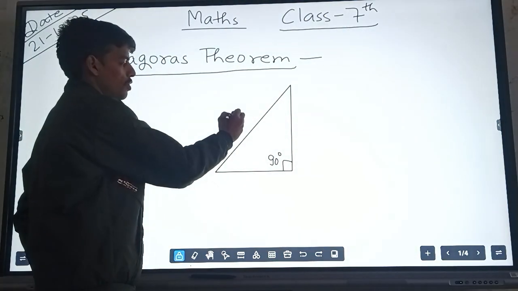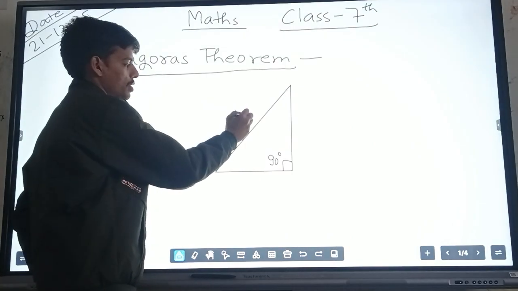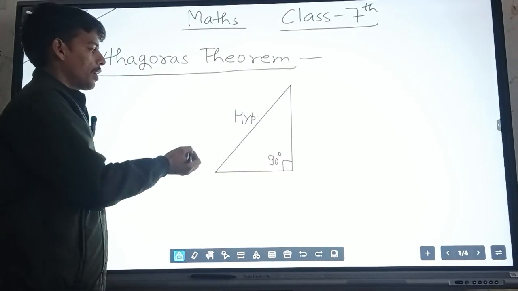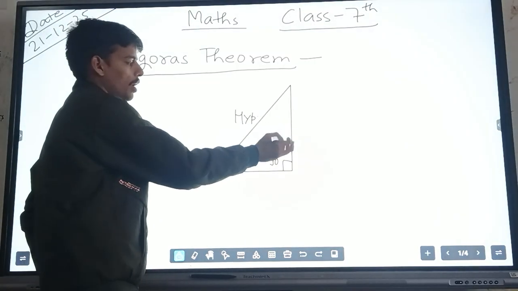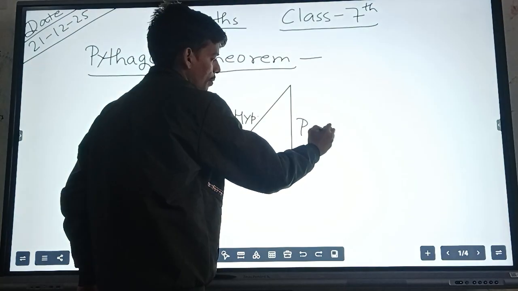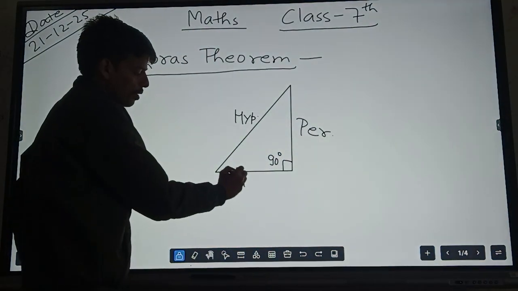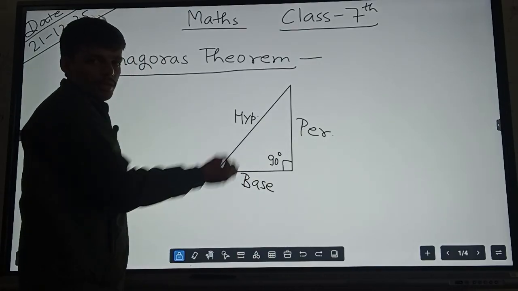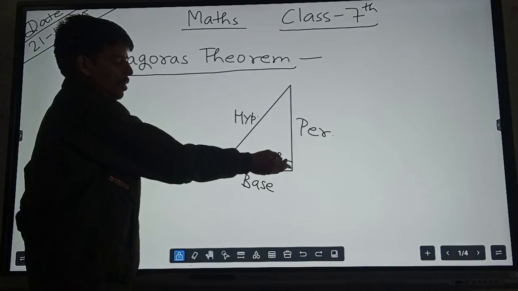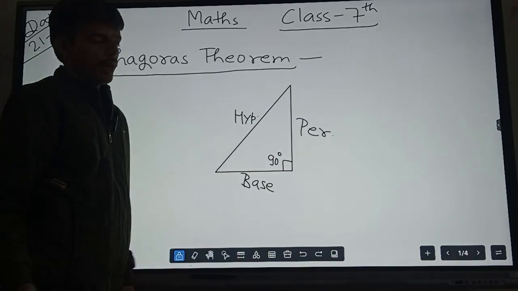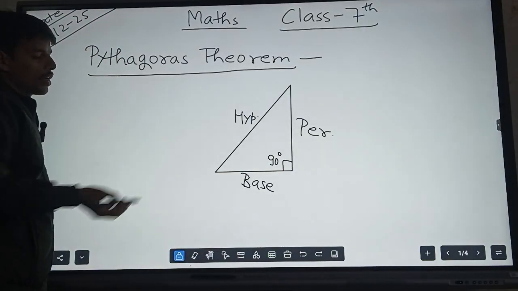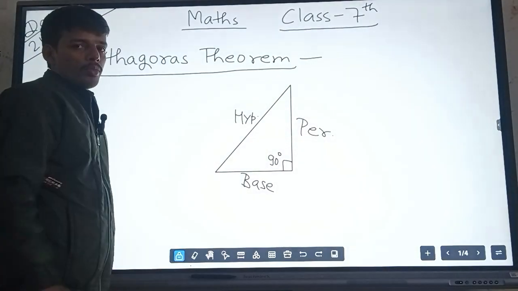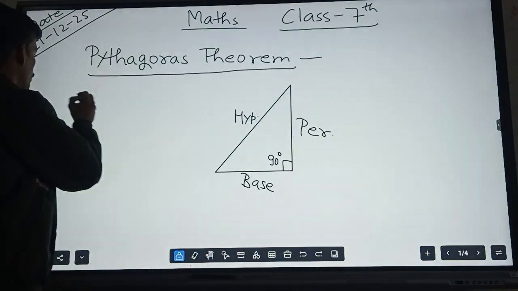This side is known as the hypotenuse and it is the longest side of the triangle. It is called perpendicular and it is called base. The side opposite to the right angle is known as the hypotenuse. So Pythagoras gives a relation between all the sides of a right angle triangle.